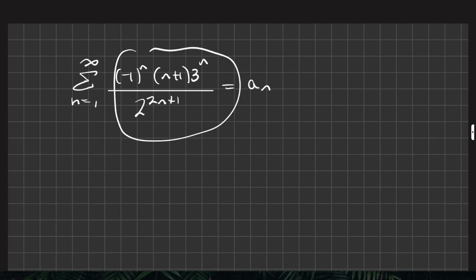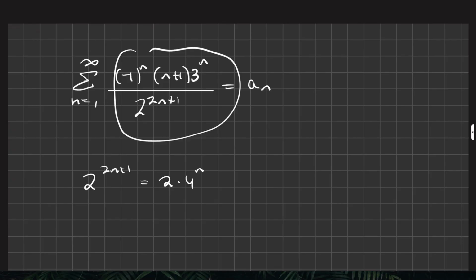So this is a good candidate for the ratio test. Let's make a simplification first to make things a little easier. This 2 to the 2n plus 1 could be a little tricky to work with, so this can be written as 2 times 4 to the n.